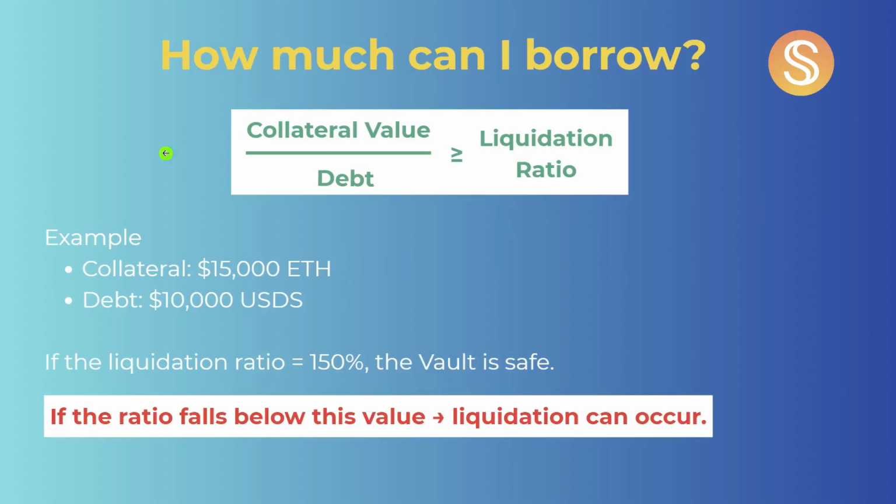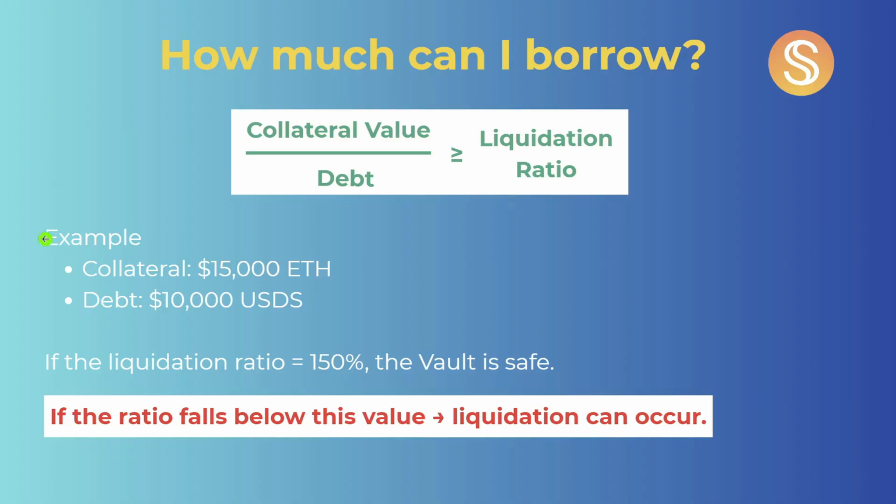In fact, what is the maximum amount that I can borrow? The maximum amount that we can borrow is determined by the liquidation ratio. Basically, the maximum amount we can borrow is when the ratio between collateral value and debt is equal to the liquidation ratio. So this ratio has to always be greater than the liquidation ratio, otherwise we are at risk of being liquidated.